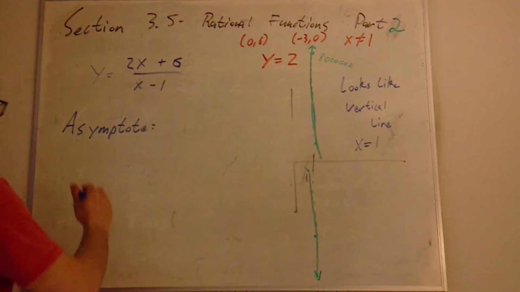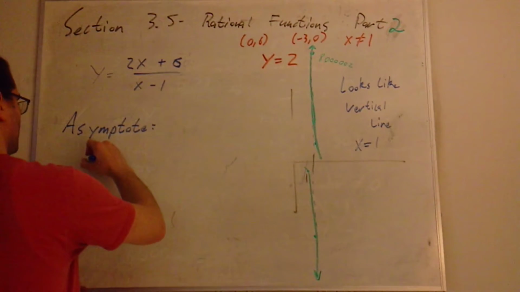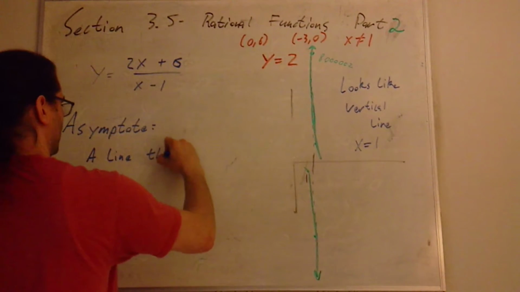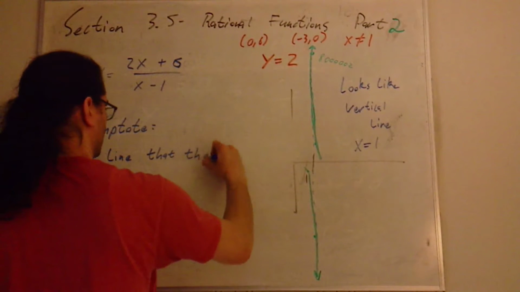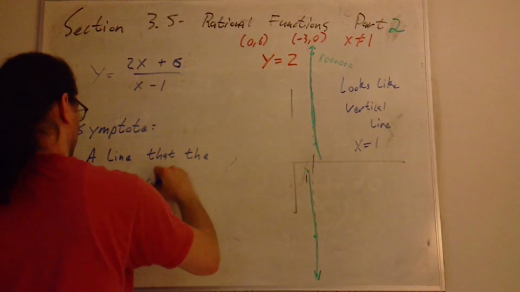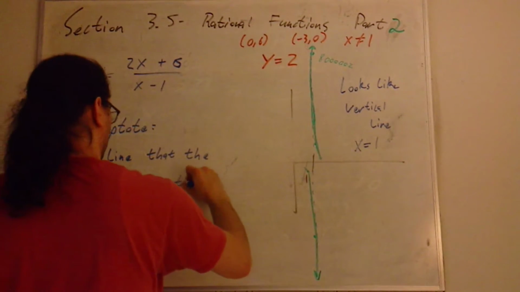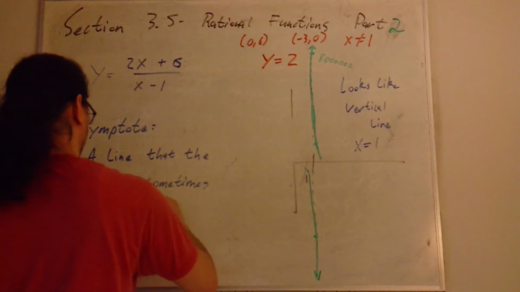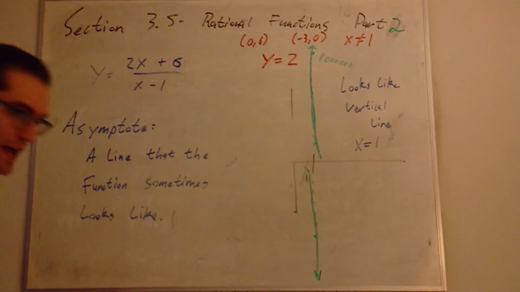Here's what asymptote means. An asymptote is a line that the function sometimes looks like. That's all an asymptote is.